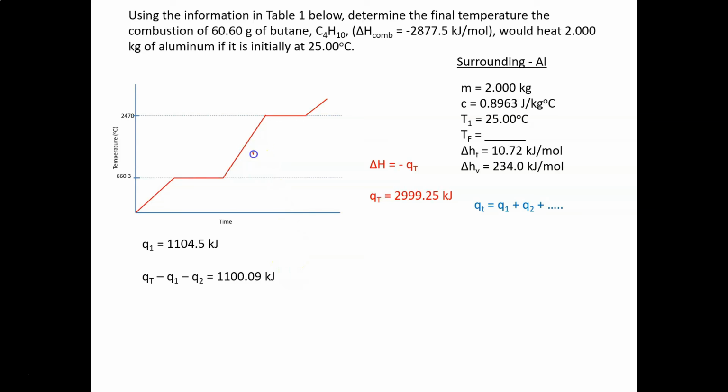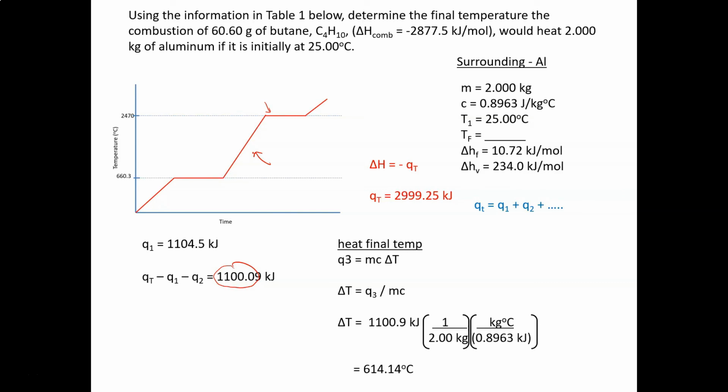Now that we know how much energy is left over after we melt it all, we can see to what final temperature we can heat it. And so what we can do is we can take this amount of energy and see what kind of temperature change it would give. And if it generates a temperature change that puts us past our boiling point, then we know that our highest temperature will be our boiling point, or potentially beyond.